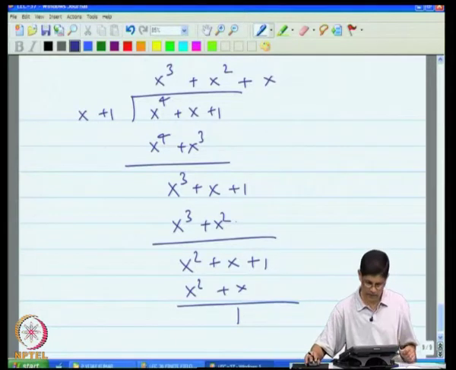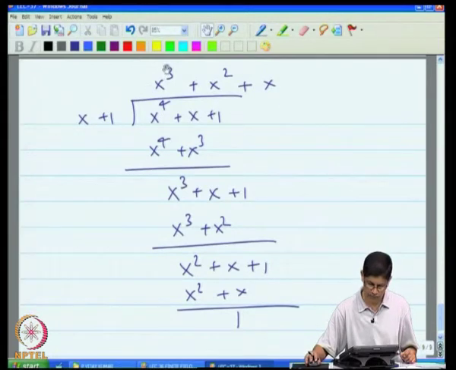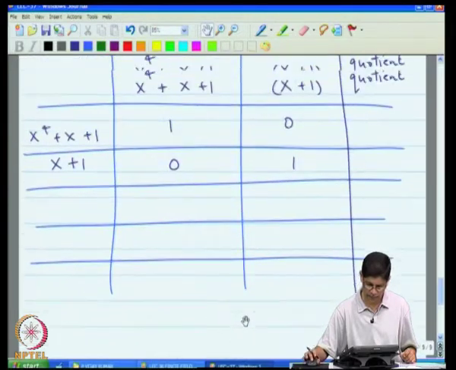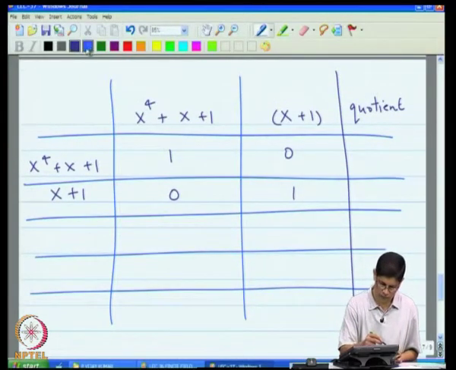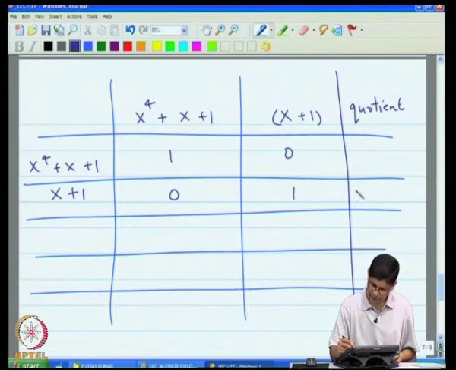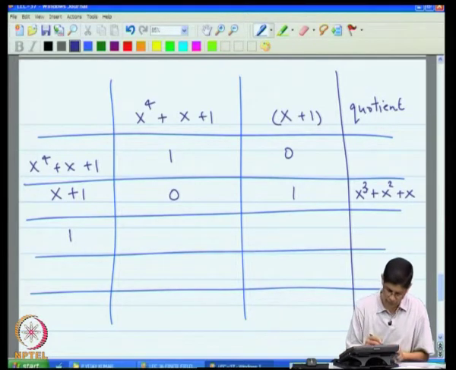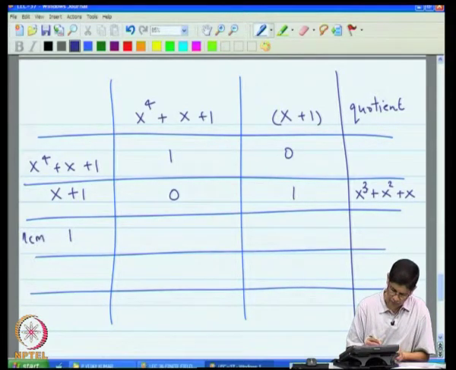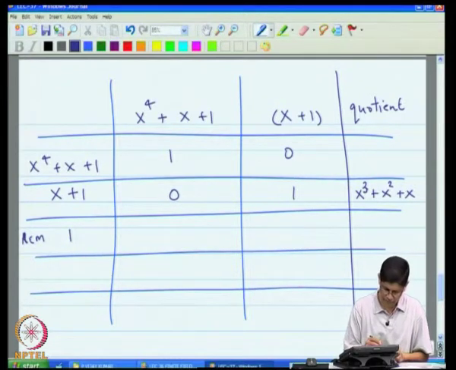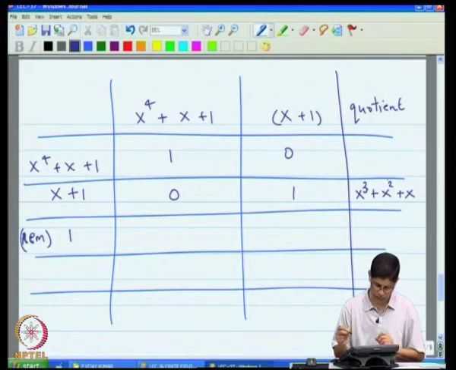So what that tells you is that when you did this division, you obtained a quotient which is x cubed plus x squared plus x, and a remainder which is 1. We will make a note of that here: the quotient is x cubed plus x squared plus x, and the remainder was 1. This is the remainder, and this is your quotient.